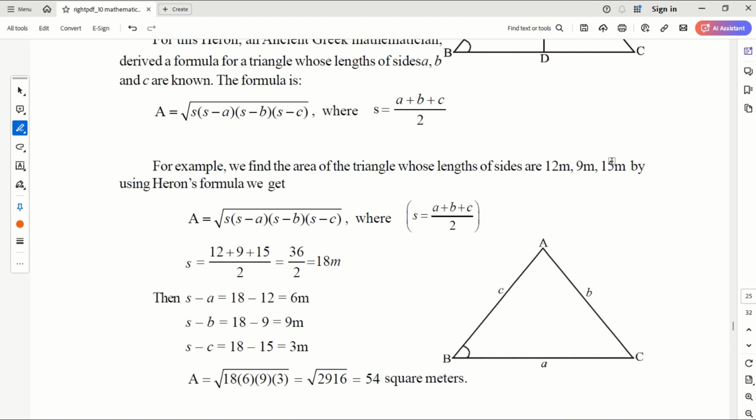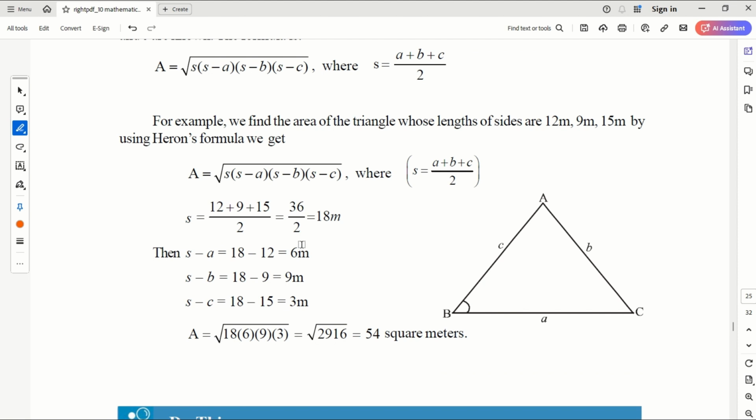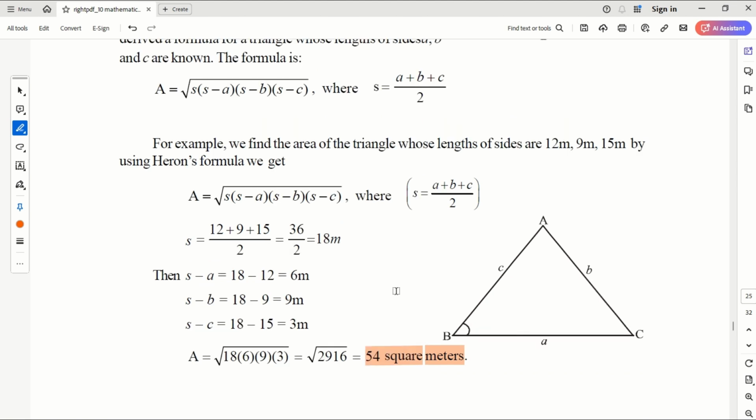The example is given: if the three sides are 12, 9 and 15 meters, using Heron's formula, s is equal to 12 plus 9 plus 15 by 2, which is 18. So s minus a is 18 minus 12, which is 6, s minus b is 9, and s minus c is 3. You substitute the values and you will get 54 square meters as the area. So this is another way of calculating the area of the triangle.